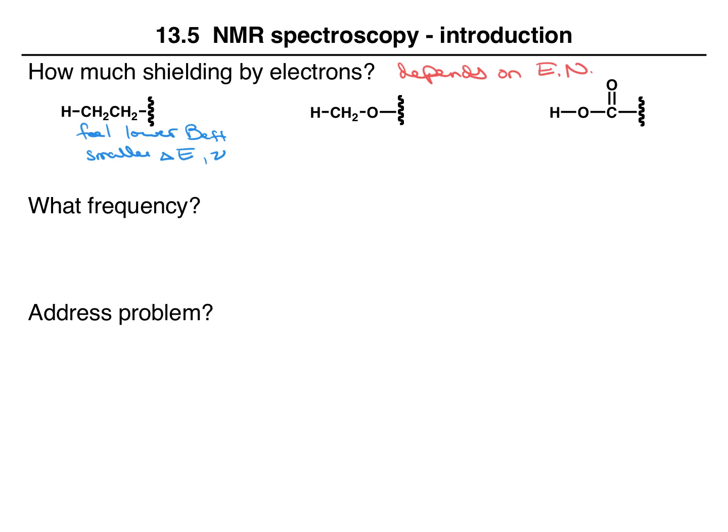If we have a hydrogen connected to a carbon that's connected to an oxygen, well, because the oxygen is much more electronegative than the carbon or the hydrogen, this is going to be pulling away electron density, which is going to be de-shielding this hydrogen. So it'll feel a higher B effective. Here we've got the hydrogen connected directly to an oxygen, and so this is the most de-shielded.